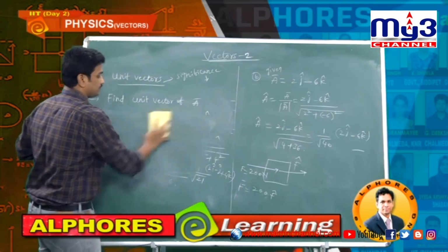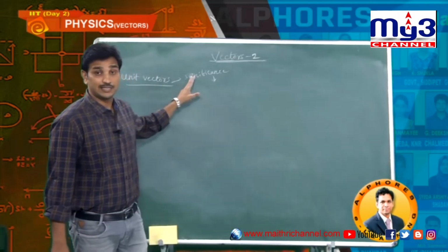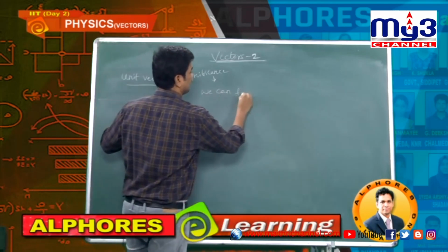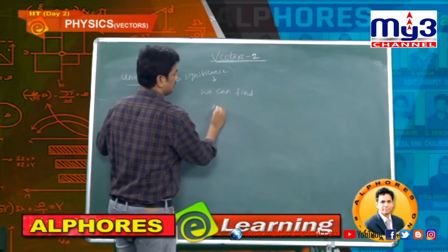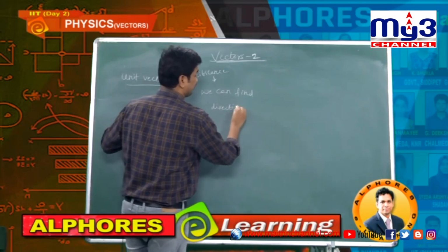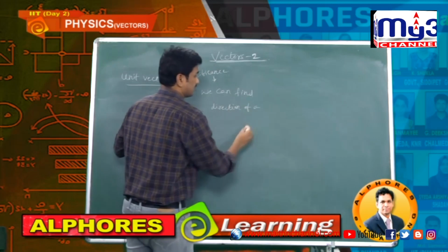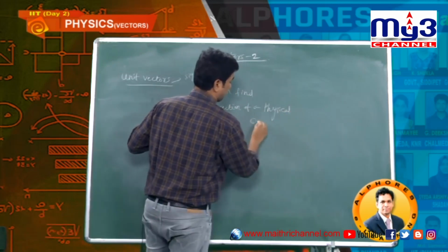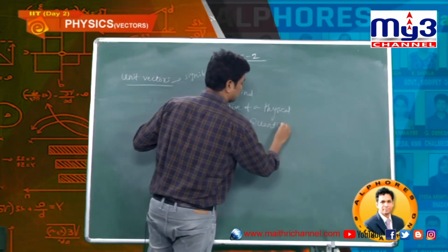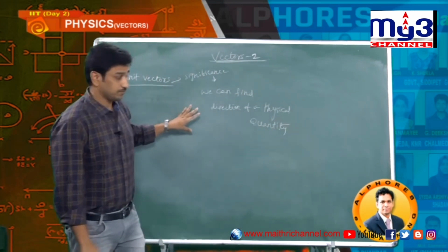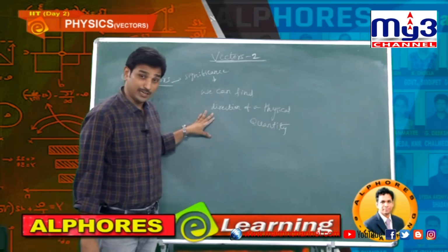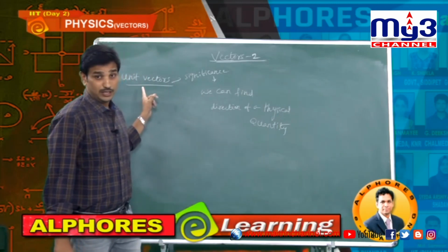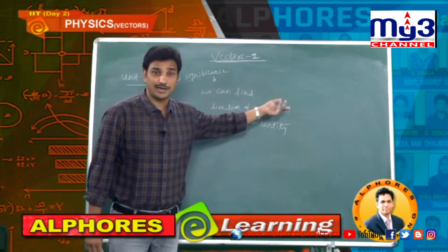Unit vector significance: we can find the direction of a physical quantity. When we know the magnitude of a vector but not the direction, we take the help of a unit vector. If you multiply with a unit vector, you will get the direction.